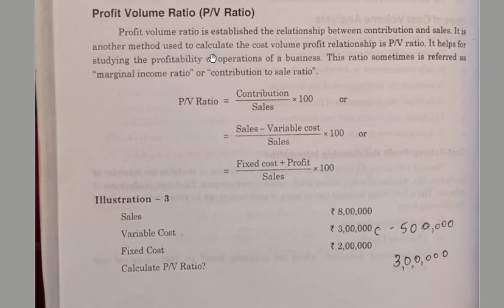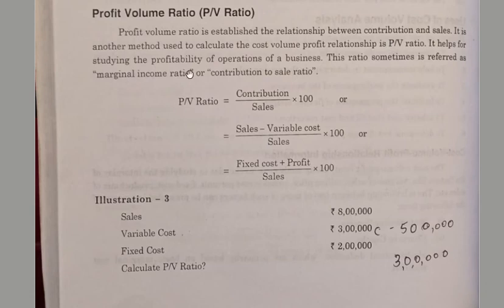So it is another method used to calculate the cost volume profit relationship, which is the PV ratio. So how do you basically calculate your cost volume profit relationship? It is nothing but your PV ratio. So it helps in studying the profitability of the operation of the business.